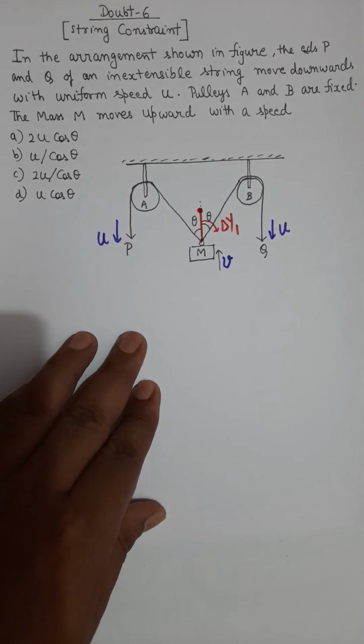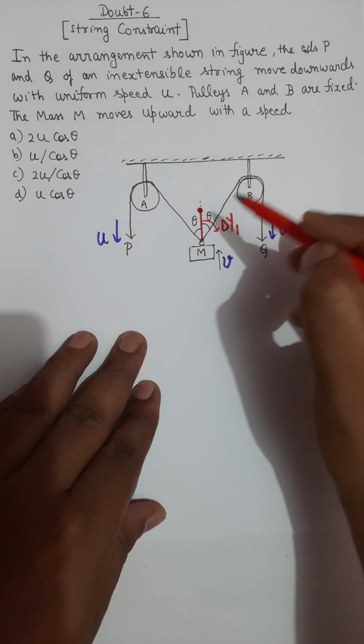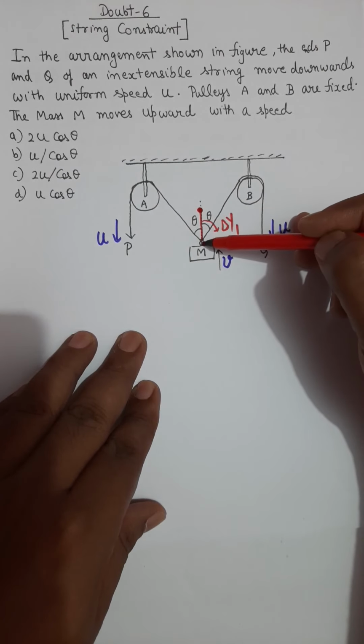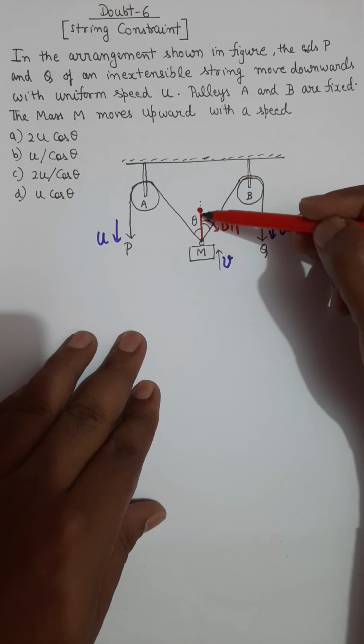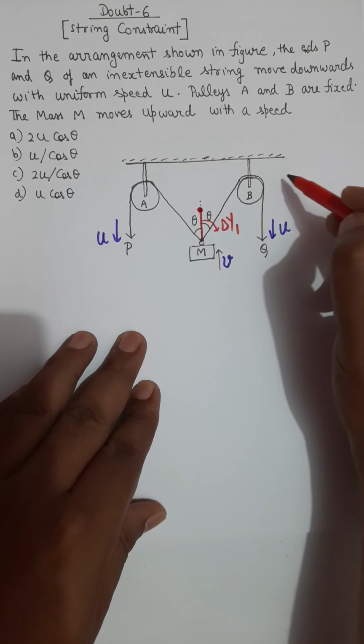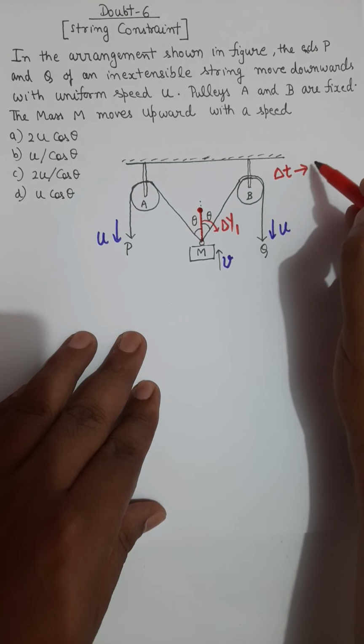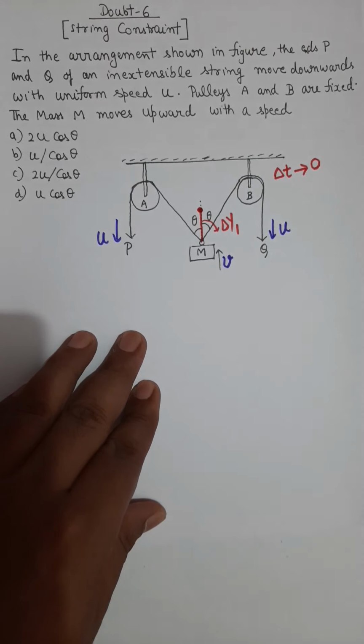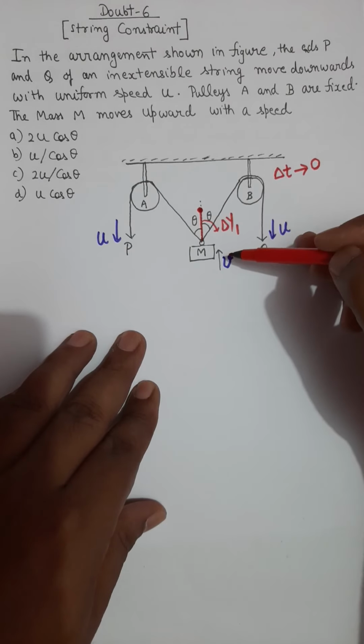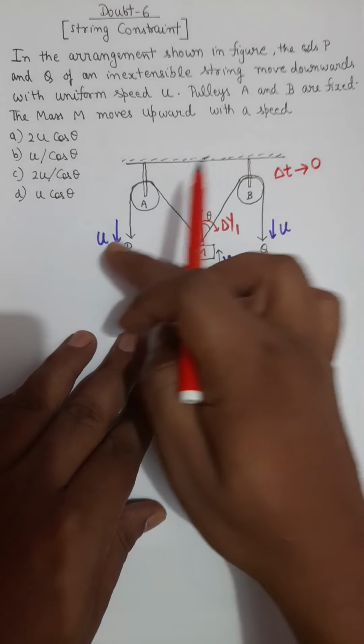Let's say delta y1 is the distance moved by mass capital M during a time interval, which I will take as delta t. I assume the time to be tending to 0. That's a very small time, and the reason why I am taking a very small time is so that I can relate the instantaneous velocities.